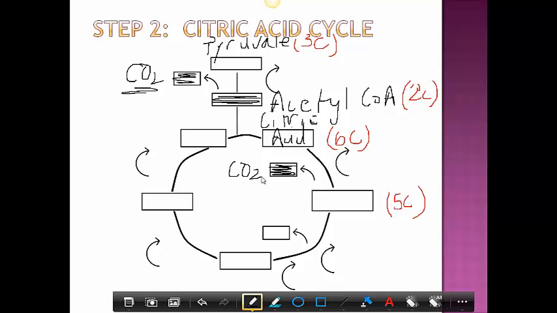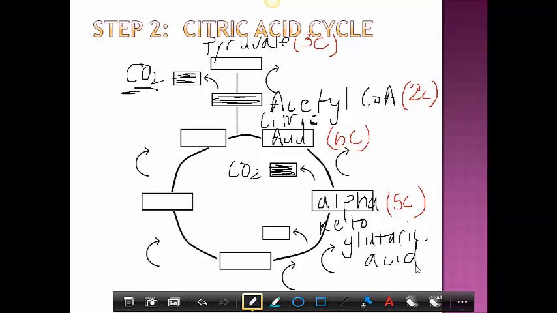That 5-carbon molecule has another name, and this is going to be the hardest to write with my pen. I'll do the best I can. It's called alpha-keto, K-E-T-O, glutaric, G-L-U-T-A-R-I-C, acid.